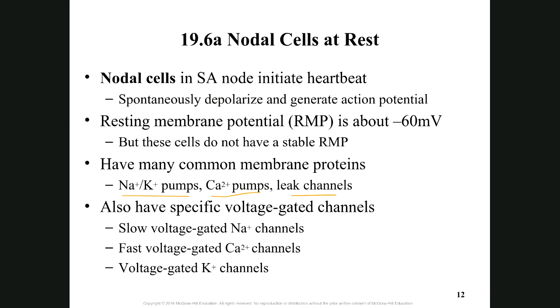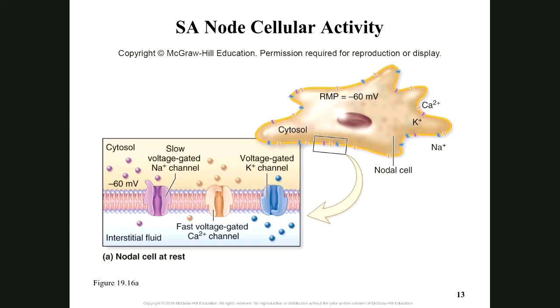The channels which we have here are voltage-gated channels. We have a slow voltage-gated sodium channel, fast voltage-gated calcium channel, and voltage-gated channel for potassium ion. And in the next slide, you can see all of these channels. The first channel here is the slow voltage-gated sodium channel.